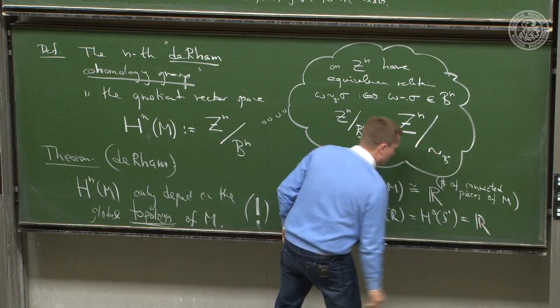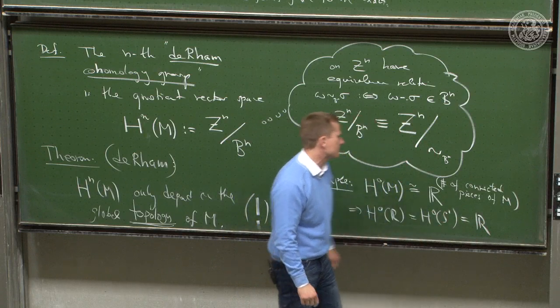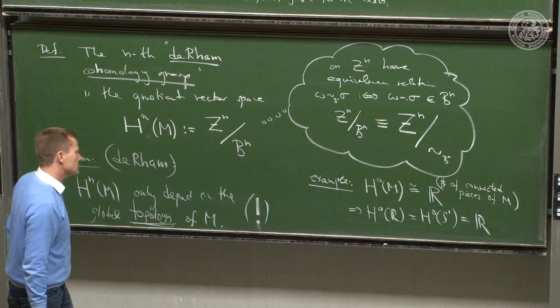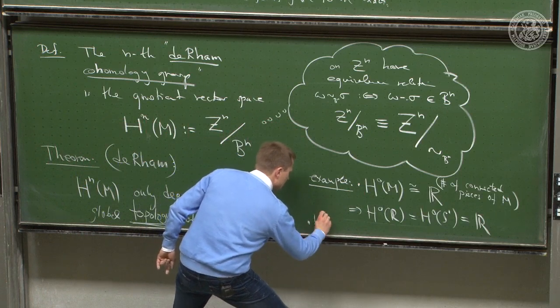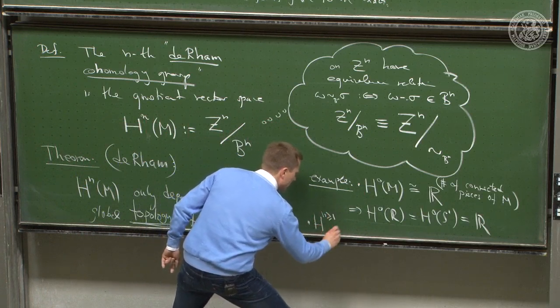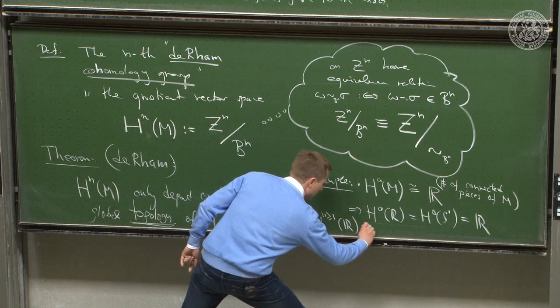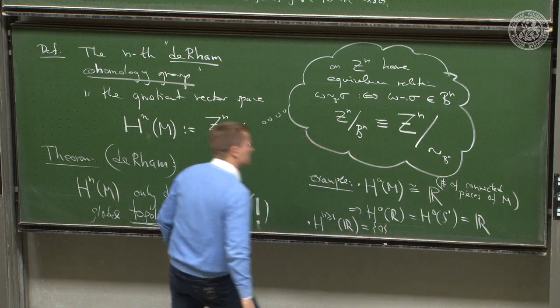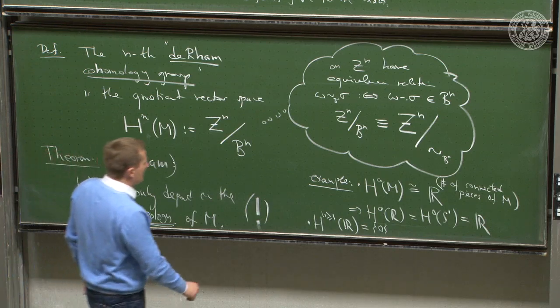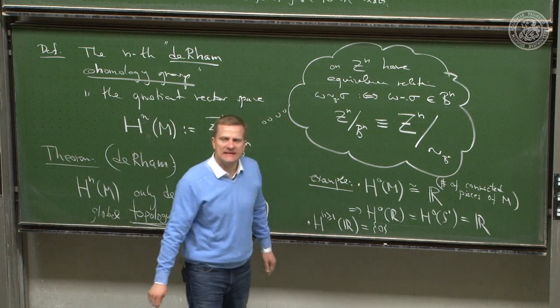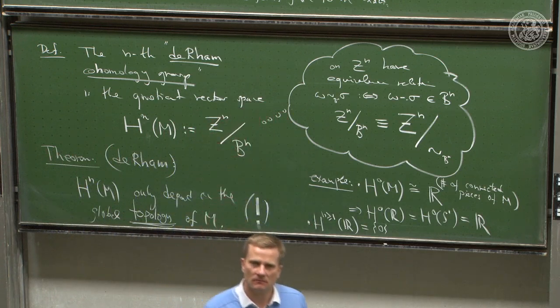This is all R because this is connected and this is connected, each has only one connected piece. But then there's other stuff like H^n for n greater or equal to 1 of the real line, they're all the vector space with just the element 0. You can show this, but in order to show this, you already need integration on manifolds.